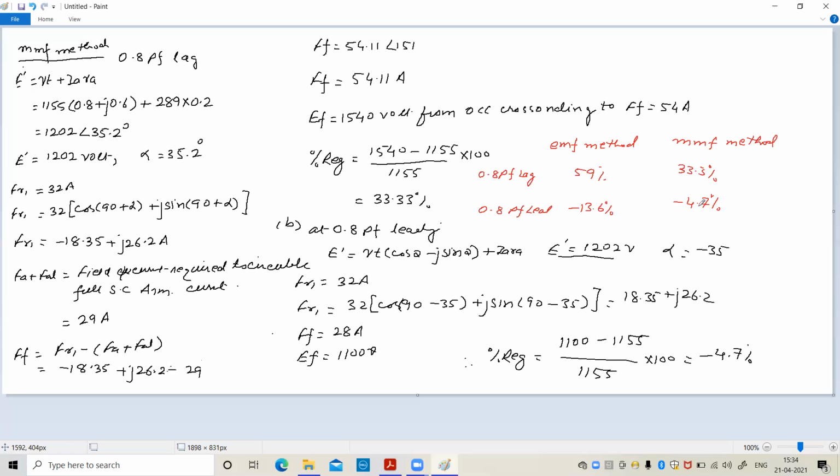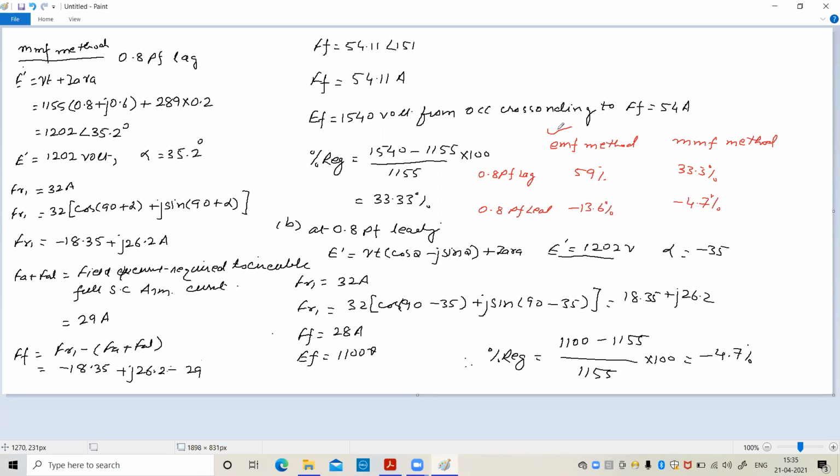So to check which is the correct value, if you go for the next method, it may be the Potier triangle method or ASA method. We definitely observed that the value of voltage regulation by MMF method and the third method is nearly same, and hence the voltage regulation found by EMF method is always greater than the actual value.